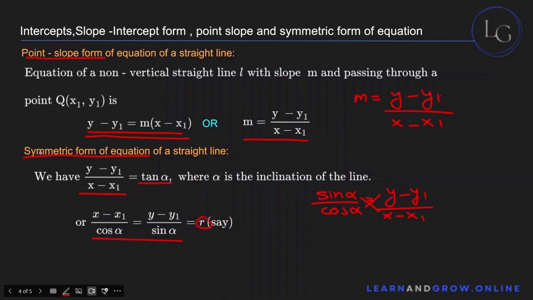This is the symmetric form of the equation of a straight line. And again, let me remind you, alpha is the inclination of the line. It's the angle between the line and the positive x-axis in the counterclockwise direction.